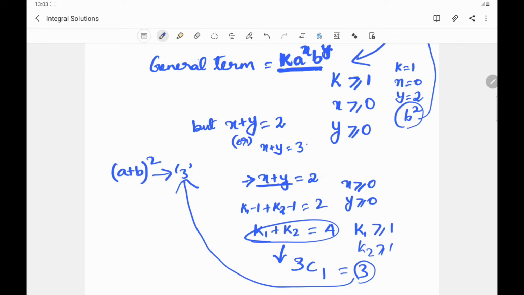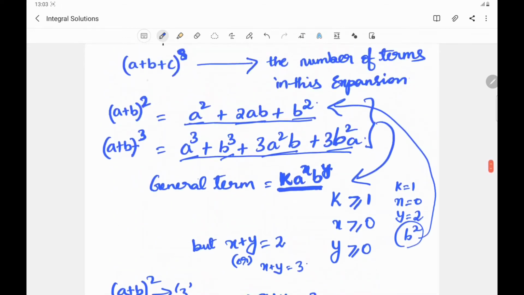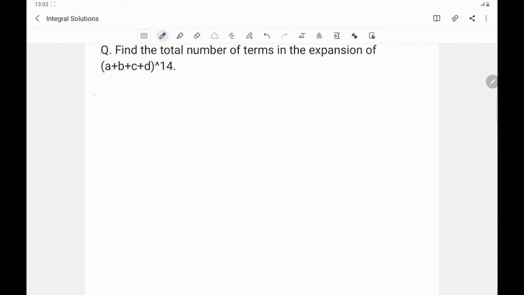So we are going to use this logic to find the number of terms in a given expansion, whatever may be the power. So let us start solving the questions. In this question, we are given an expansion. We are asked to find the number of terms in the expansion (a + b + c + d) to the power 14.